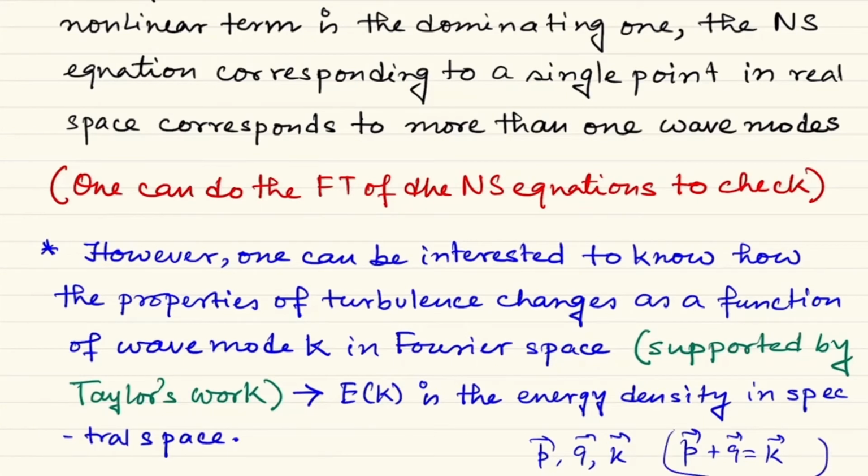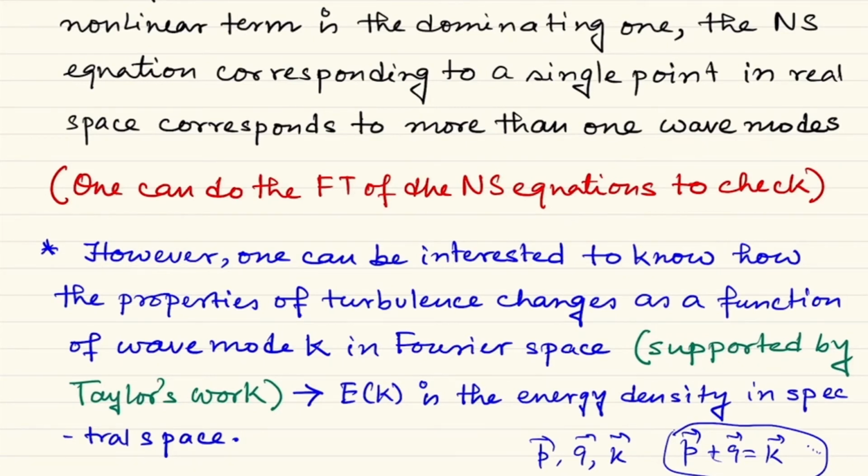So there will be a triadic relationship; they should follow the rule of triangle addition. So we see that a one-point description in real space is not a one-point description in Fourier space.